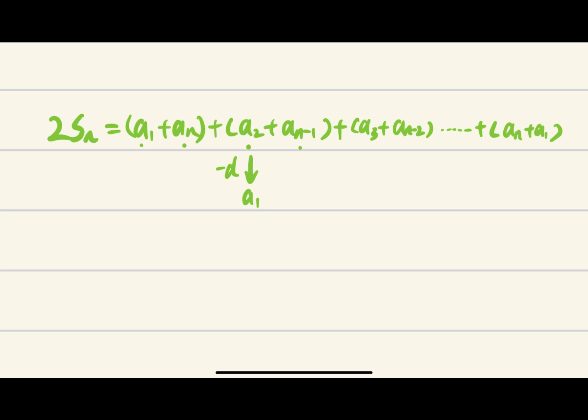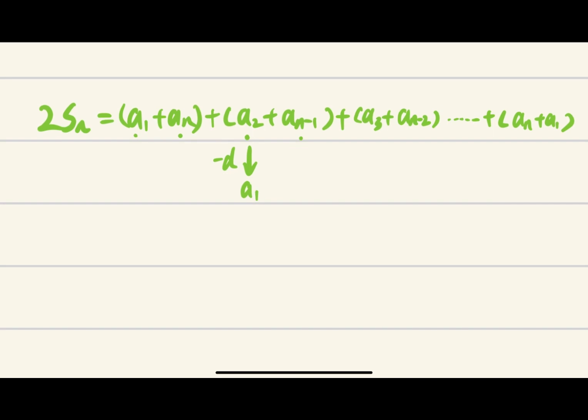And why am I doing this? Because I want terms that are the same, so that I get some nice values. Let's make those terms look the same. Then for a_(n-1), let's see if we can make it look the same as a_n.